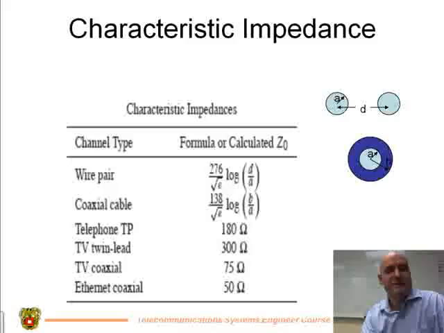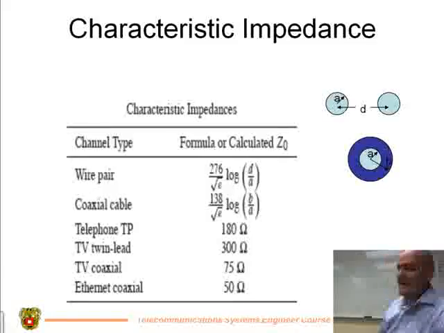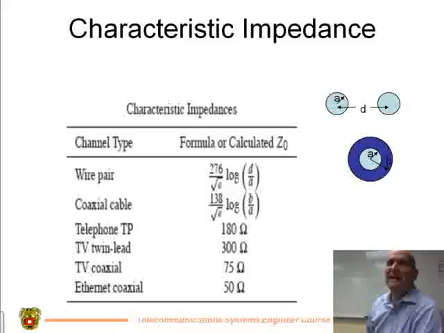You've got category 5 and category 6, and it's still 100 ohms, but category 6 operates at a higher frequency. It's 100 plus or minus 15 ohms, depending on frequency. The tolerance is like 15%, which is not great. It actually depends on the manufacturer too. There are better and worse Cat 6 cables.